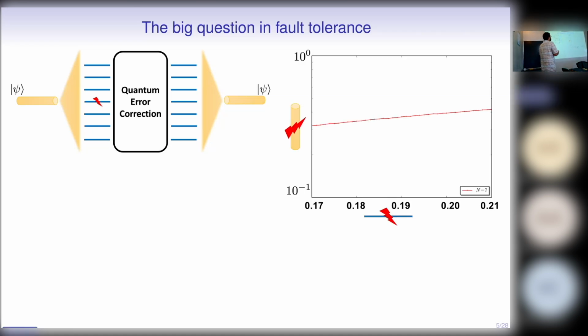So we normally represent it graphically in this way, where for any physical noise setting for any hardware, you have a point on the x-axis that says how much noise is there in the hardware.